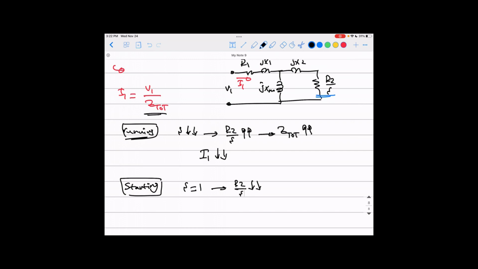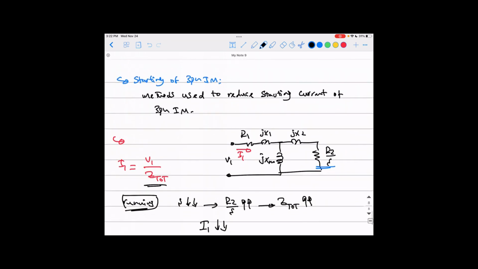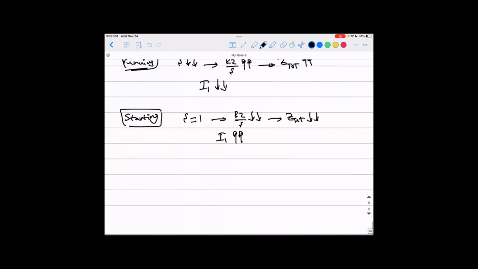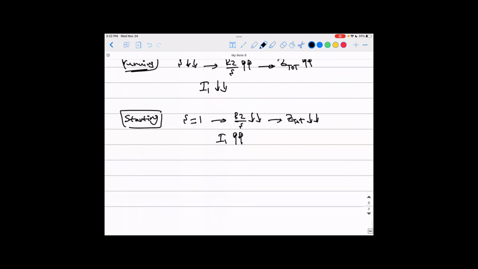But here your denominator is just 1, so R2 over s is a very small value. This in turn makes the total impedance of the machine very small, and this will give you a very high current at the beginning. That's why this machine takes a very high amount of current at the starting. So the starting current of the machine is very, very high.